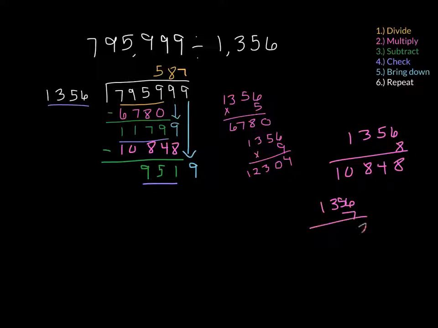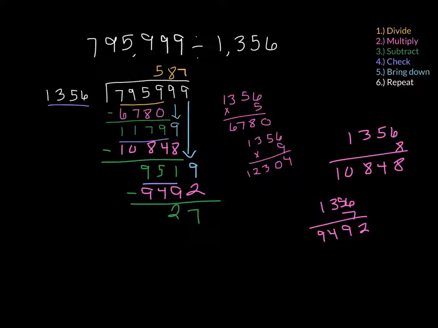At 42, 39, 24, 9. And it looks like that works. So 9,492. Then we subtract. Get 7, 2. So we have a remainder of 27.